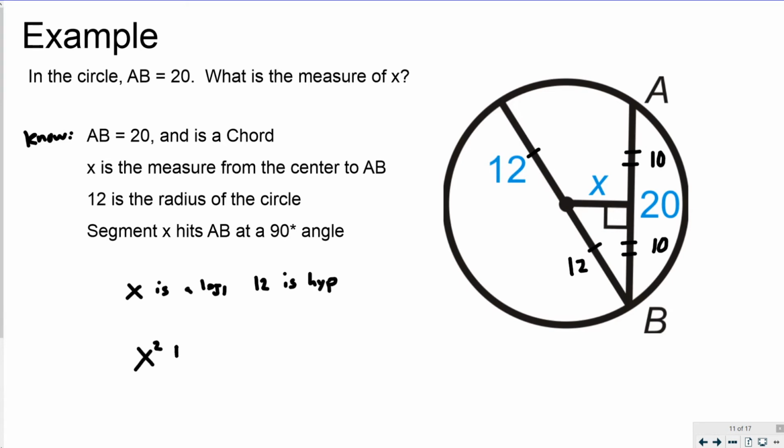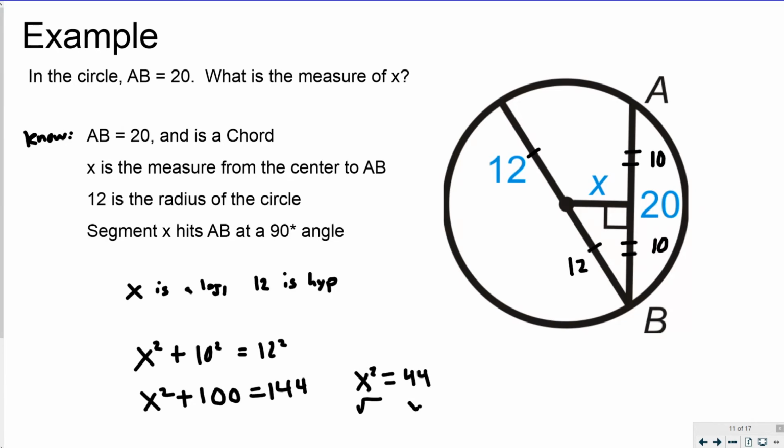X squared plus 10 squared equals 12 squared. So then if I square it all out, I get x squared plus 100 equals 144. So then I end up with x squared equals 44 when I take away 100 from both sides.